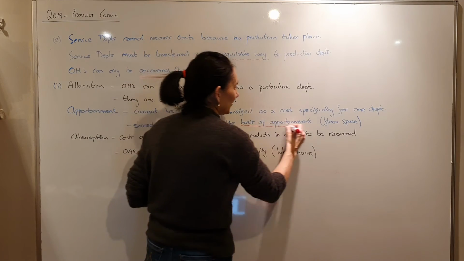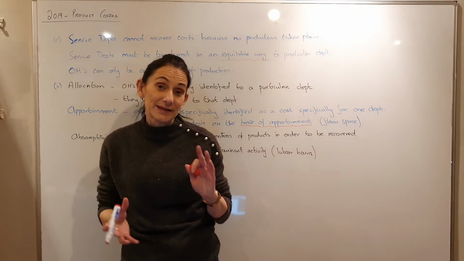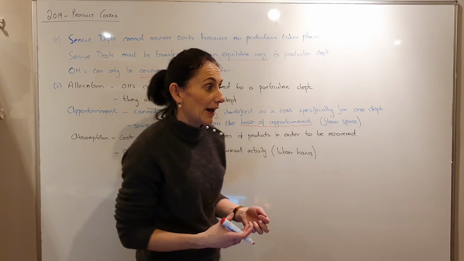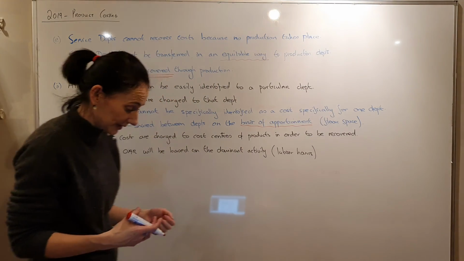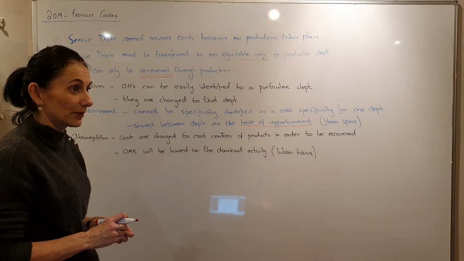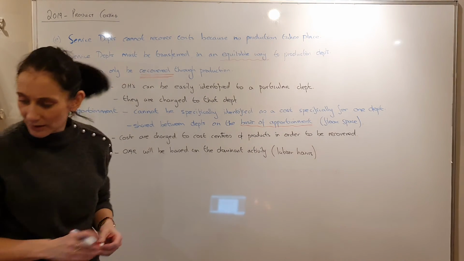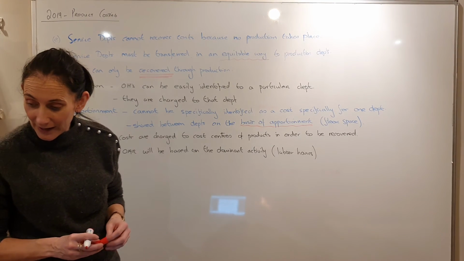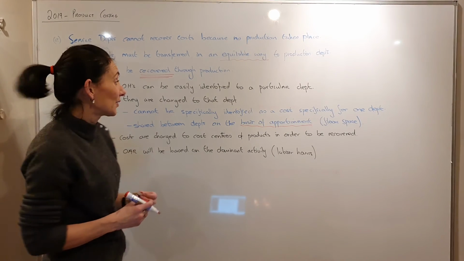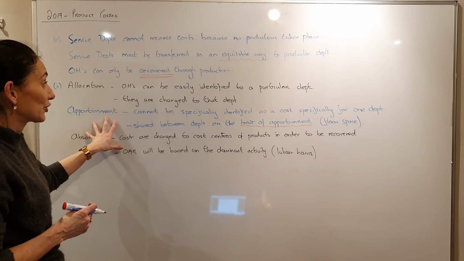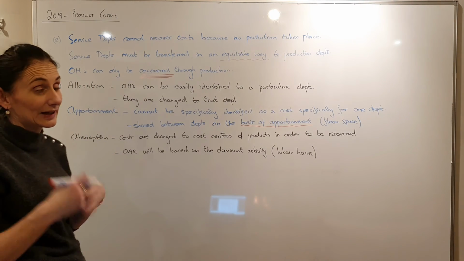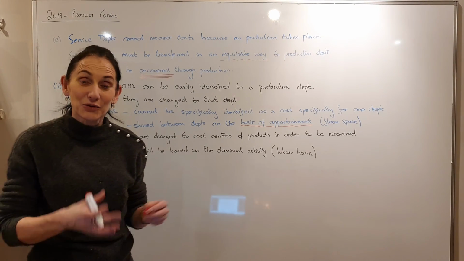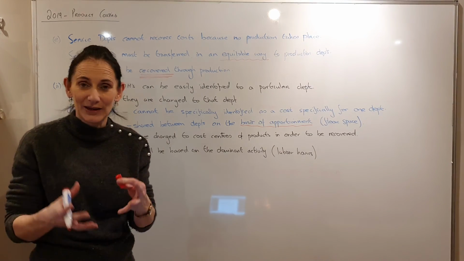You've done that in this question, and you can base it on floor space, number of employees, volume, machine maintenance, depreciation, book value. Again, with apportionment, the problem is we can't specifically identify the cost to a particular department, so we base it on apportionment and split it between them.